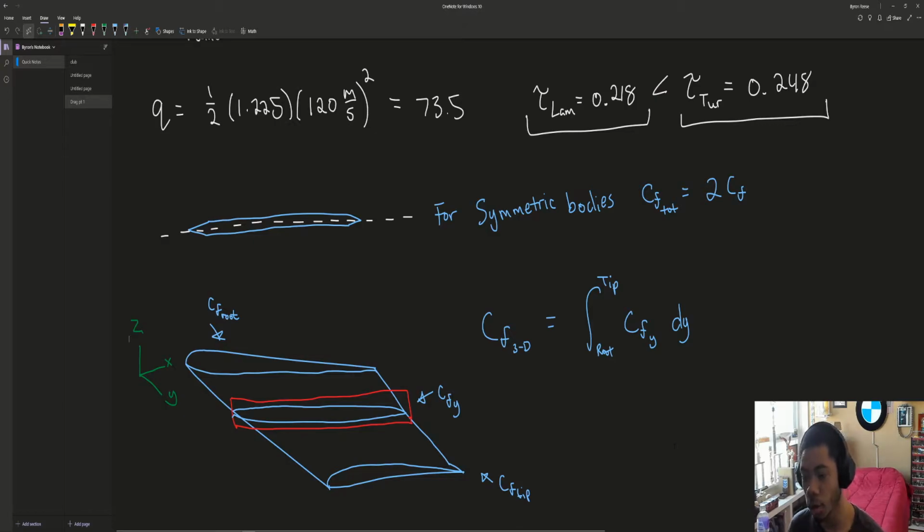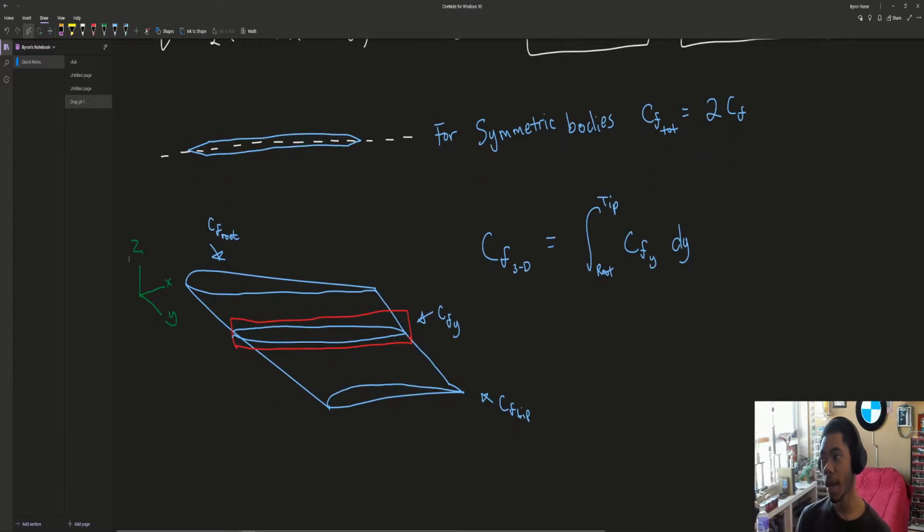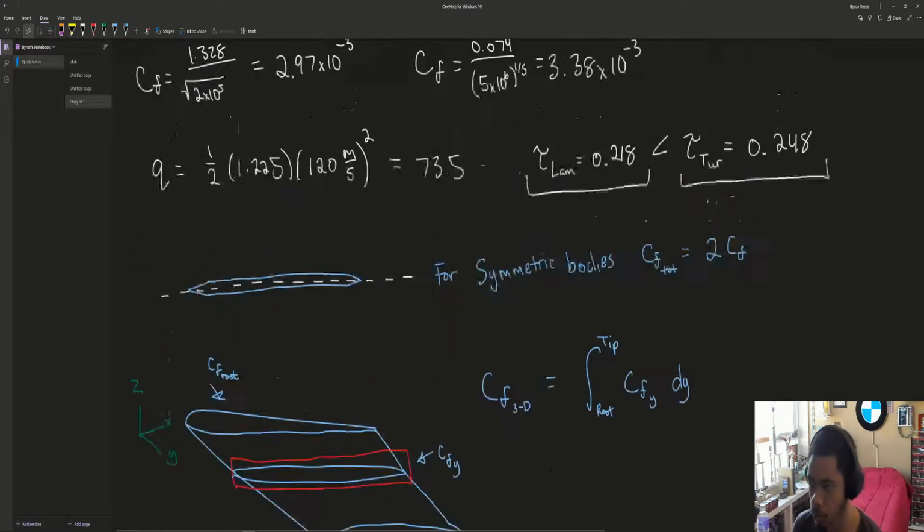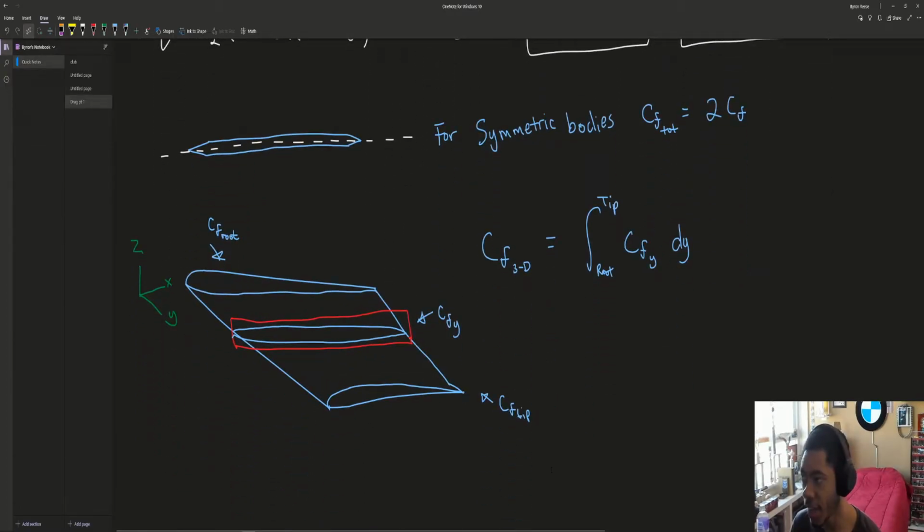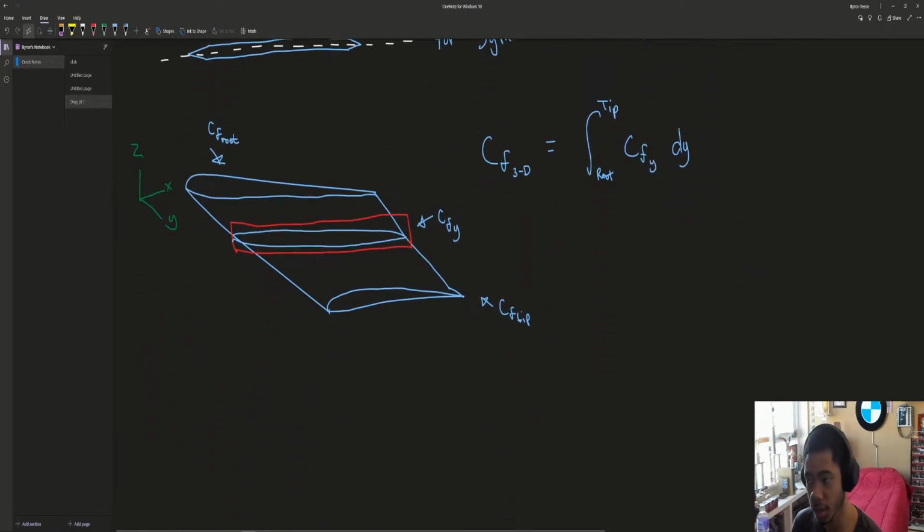So that's our coordinate system that we're using here. In order to get the total coefficient across the entire wing, you would have to take the sum from the root to the tip of all of your coefficients, and that requires using an integral of all your coefficients down the wing. And that is your coefficient of skin friction.